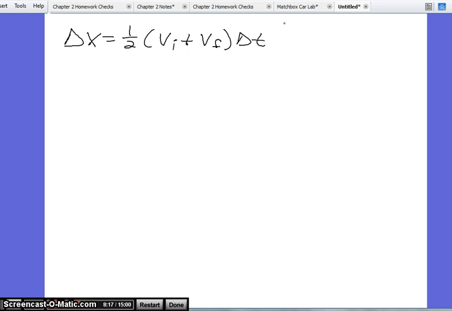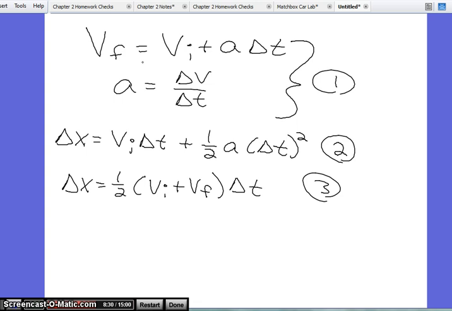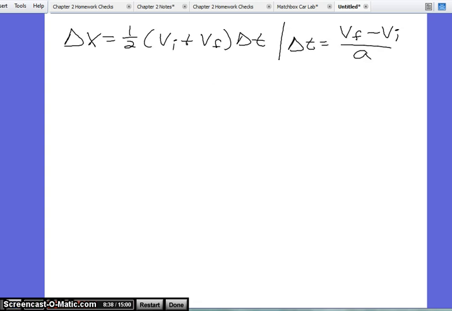And the first one we're going to rearrange as delta t equals vf minus vi all over a. So for the first equation here, we are going to subtract vi to the other side and then divide by the a to rearrange it as such. So we are going to replace delta t in the third equation with vf minus vi over a.